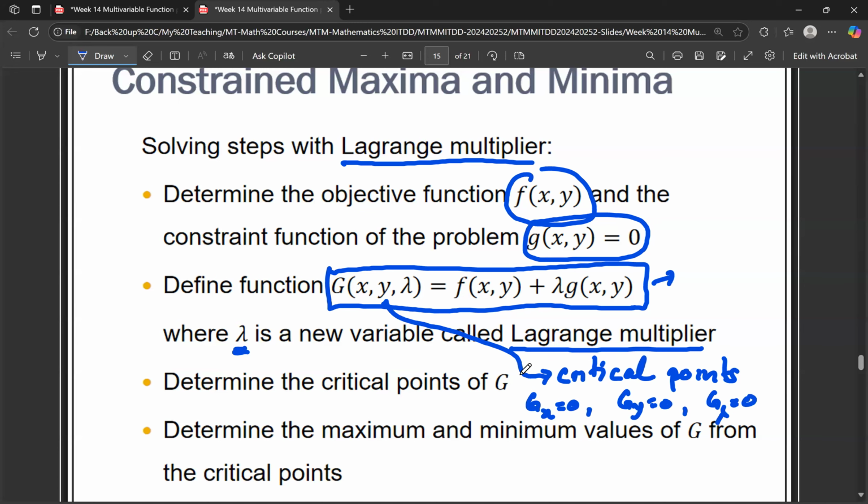So we must solve these equations. And then find the maximum or minimum by using the second derivative test.